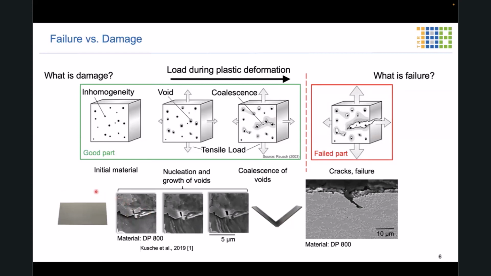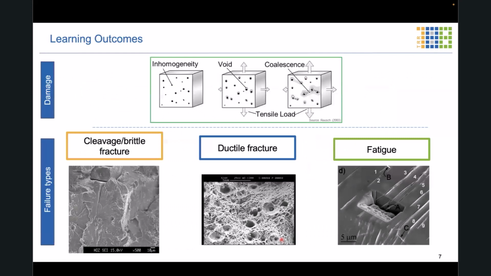And if you deform this material, perhaps it was delivered as a sheet material and then it runs through a bending process, then you will see the nucleation and growth of voids, as it is indicated over here, until finally you even run into the coalescence phase, and that means that sooner or later fracture will be triggered.